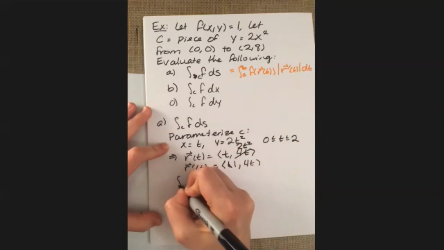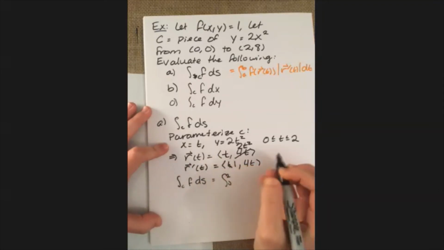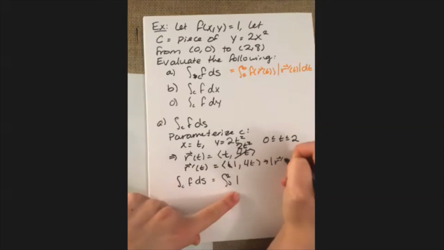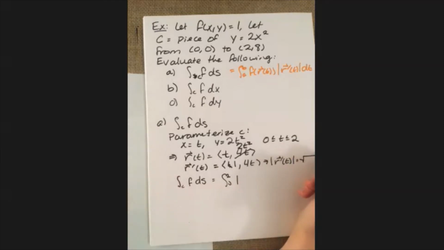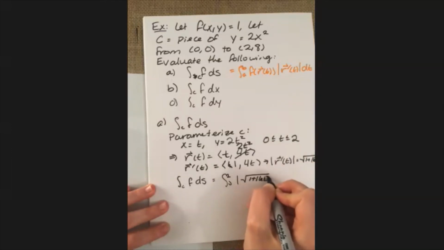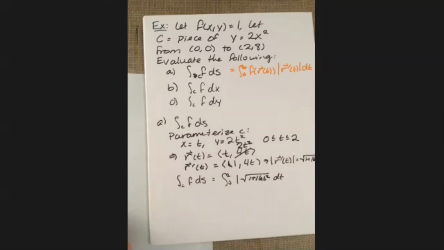We have the integral over c of f ds, which is equal to the integral from 0 to 2 of 1 times the length of r prime of t, which is the square root of 1 plus 16t squared, dt. That can actually be integrated using trig substitution.